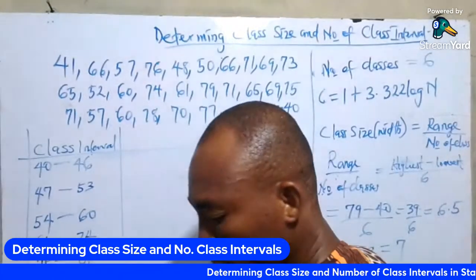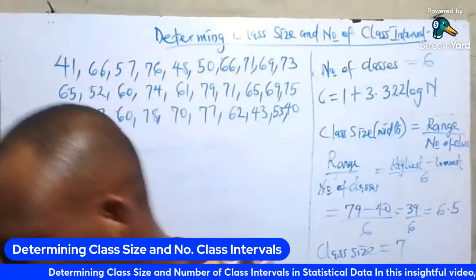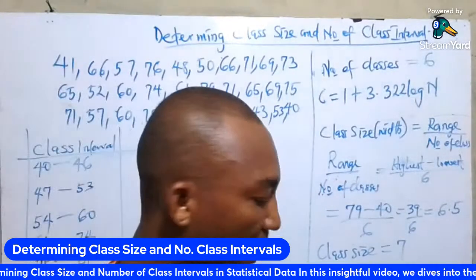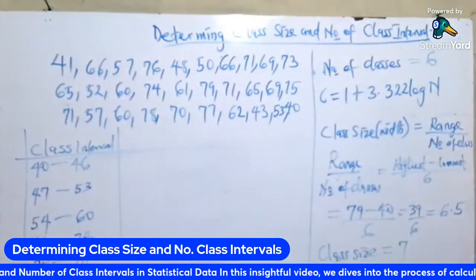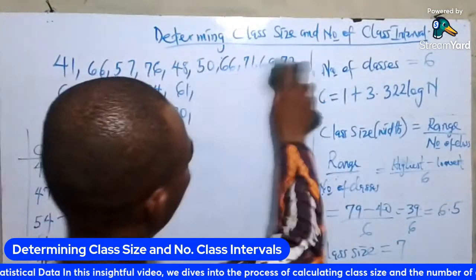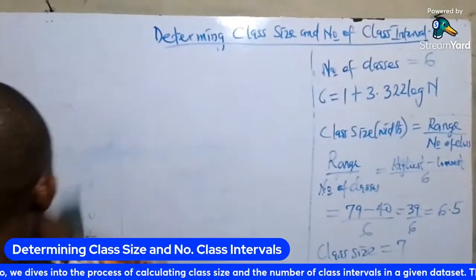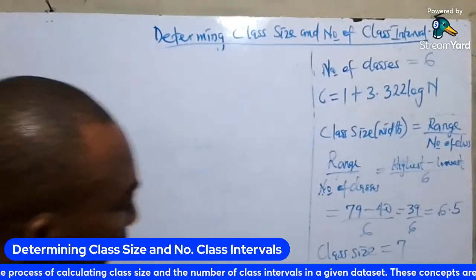I want to assume, especially for those that sent the question to me, exactly the question that person sent to me is what I want to solve now. I just decided to start with the smallest. Of course, mathematically, you have to start from the smallest to the highest.